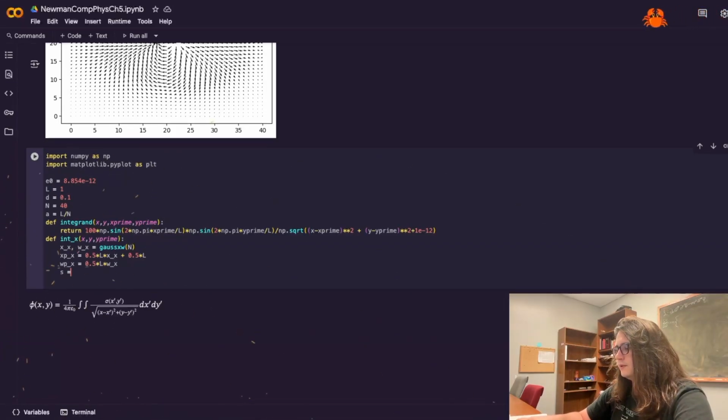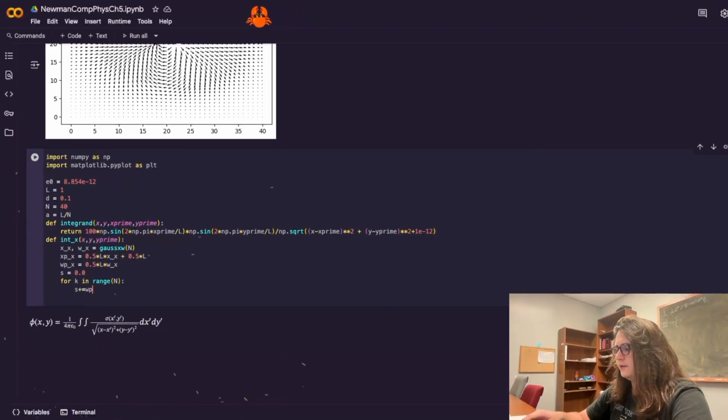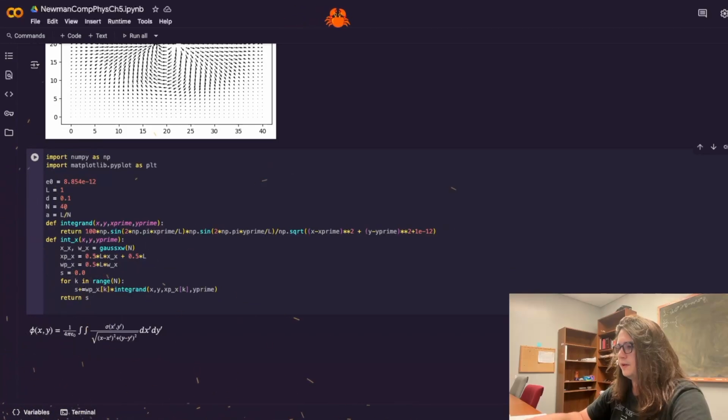So set up the sum, so that's going to be 0, and then for k in range n, we will add onto the sum our wp underscore x indexed k times the integrand, specifically called x comma y comma, for x prime we put in xp underscore x indexed k, and for y prime we just put whatever y prime came into the function, and that will return the value of the integral, right? That's all fine and dandy.